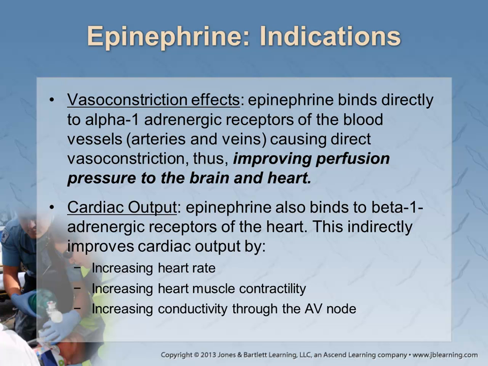I just told you that it binds to the alpha-1 adrenergic receptors. If we have direct vasoconstriction, if we were vasodilated, that means that we had problems with what getting back to the heart? Blood, preload, right? So if we can vasoconstrict, we can increase that pressure, we're going to be able to perfuse better, right?